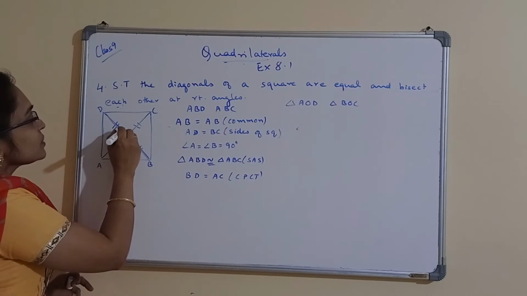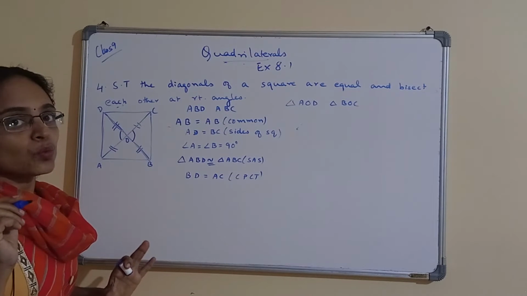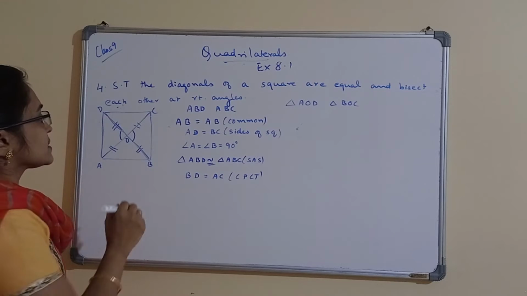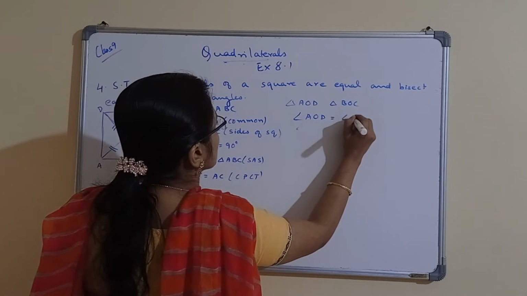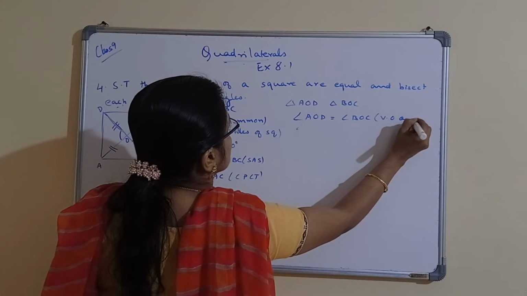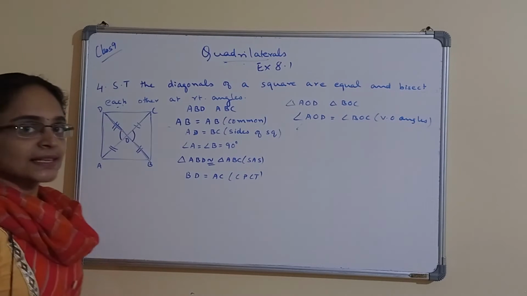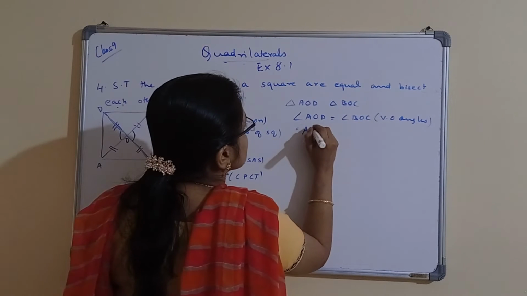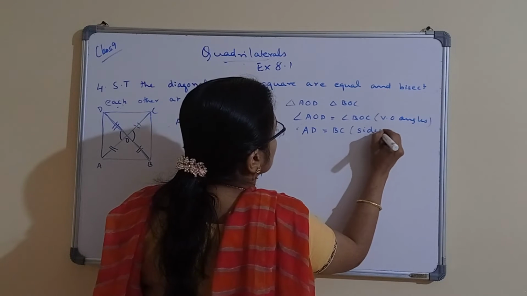Now we know that these two angles are equal because they are vertically opposite angles. So angle AOD is equal to angle BOC, vertically opposite angles. And we know that AD is equal to BC, sides of square.